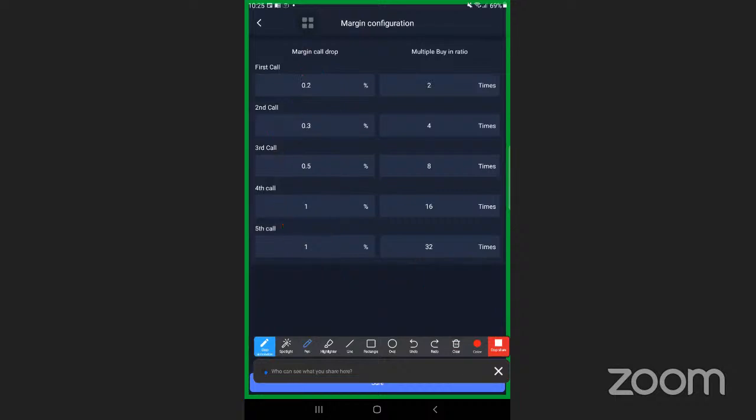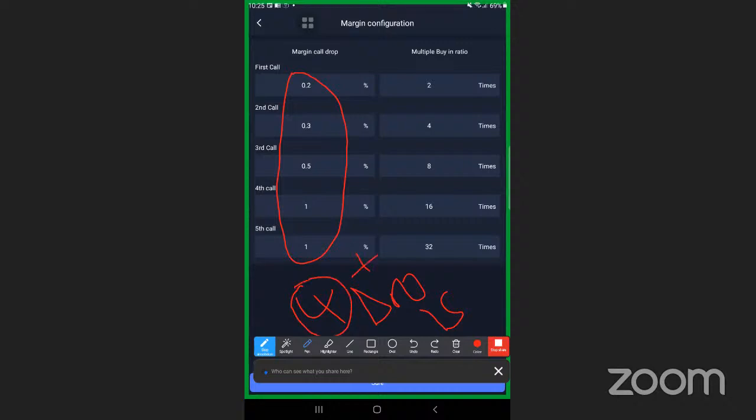But when the signal says 4% drop or 15% drop, to find what you're going to put here, you take this drop percentage given and divide by the number of margin calls. In this case, you are dividing with 5. You're not going to divide with 6. You divide with 6 when you want to get your first buy-in amount.